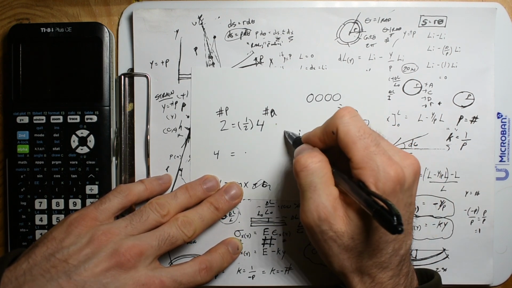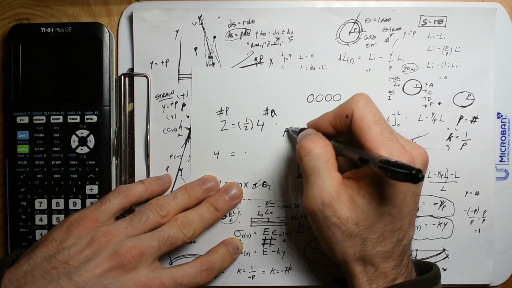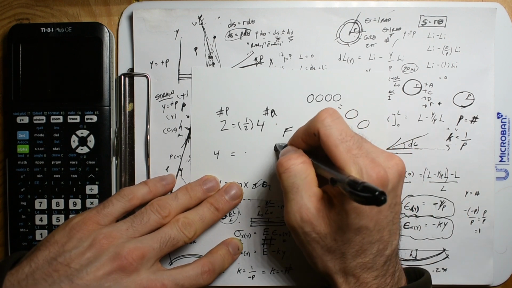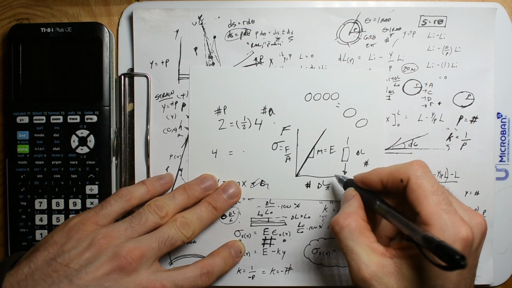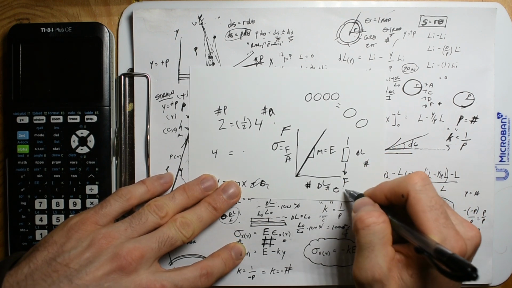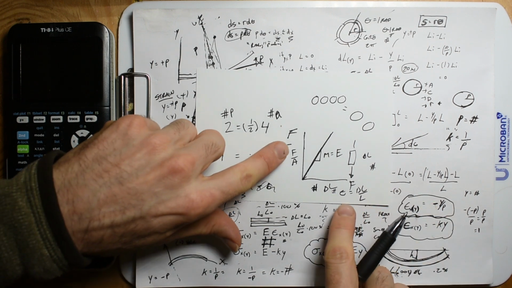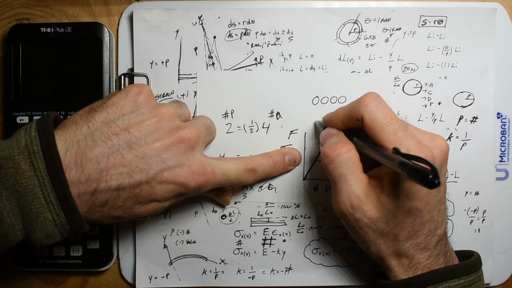Because this is load, force, this is change in length, but this isn't the universal graph. It's stress, which is force divided by area, and this is strain, which is change in length divided by length. Cool. A force versus change in length graph would be different for every specimen.